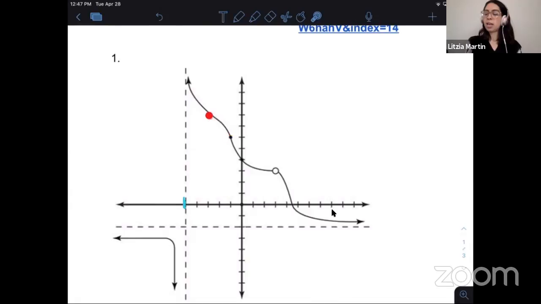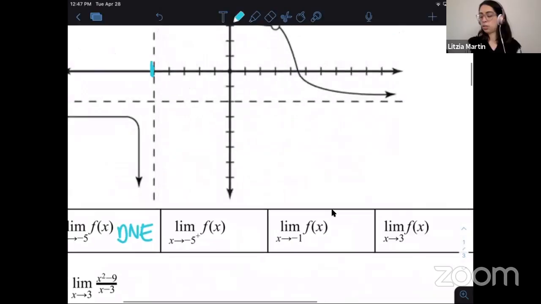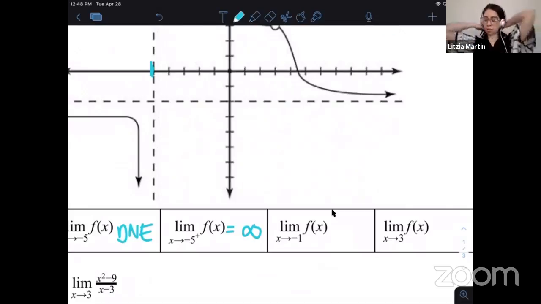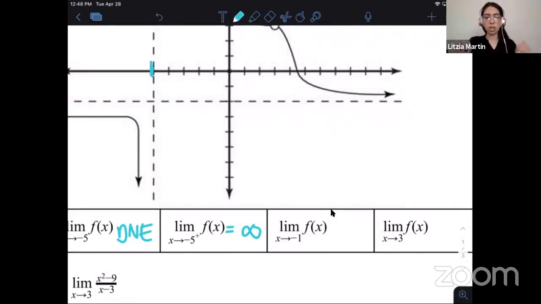On the right side, I'm going to follow it going in towards -5, and I see that the function is going up to +infinity. So my limit will be +infinity. So -5 total limit does not exist, but -5 from the right is +infinity.